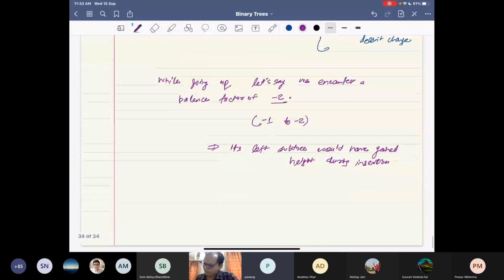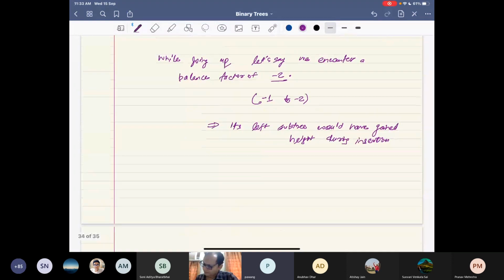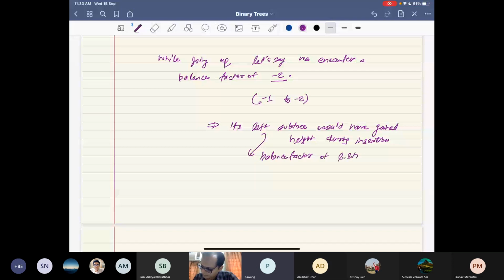What will be the balance factor of the left subtree? -1. Can it also be +1? Yes. So it would have become from 0 to -1 or +1, then only the left subtree would have gained height. And then you go up, it was already -1, it became -2 now.